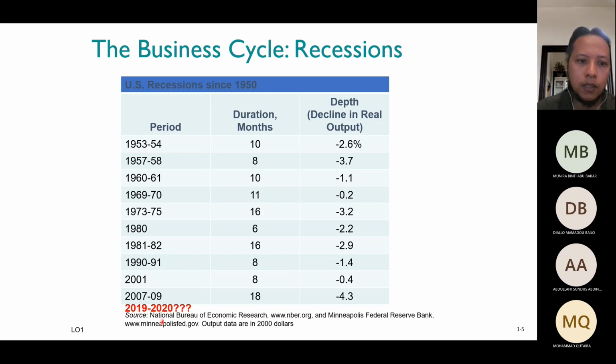Currently, in 2019, 2020, 2021, 2022, I think until 2021, maybe around 2 years, we had our recession, whereby there was a decline in real output globally.